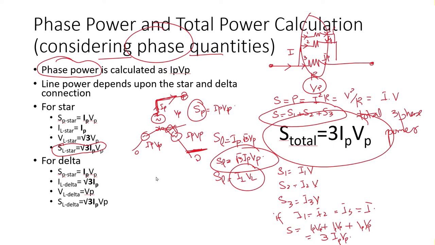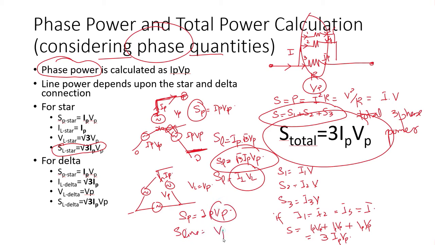Okay, if we are considering a delta connected source, this is our VP and this is our IP. So phase power SP would be equal to IP VP. Now the voltage VL would be equal to VP, so S line would be equal to VP multiplied by, now checking the current, here it is one IL, but when we go out two currents add up, so the two currents will make this IL as root 3 IP.